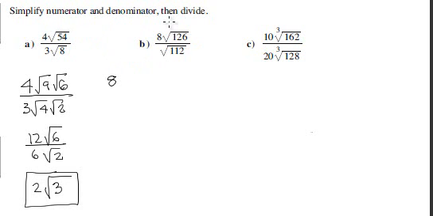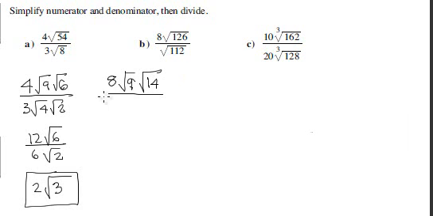126, what is that? It's 2 times 63. Oh, and 63 has a 9 in it. You can pull a 9 out of here. That leaves you with 14. Downstairs, 112 is 2 times 56. Oh boy, 56 is 4 times 14, I suppose.